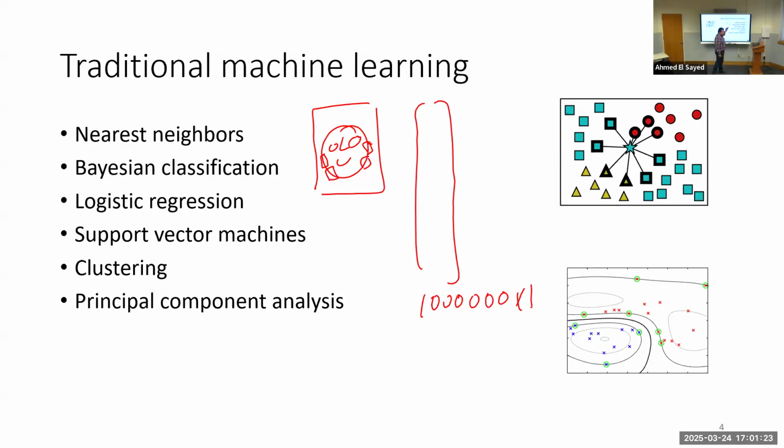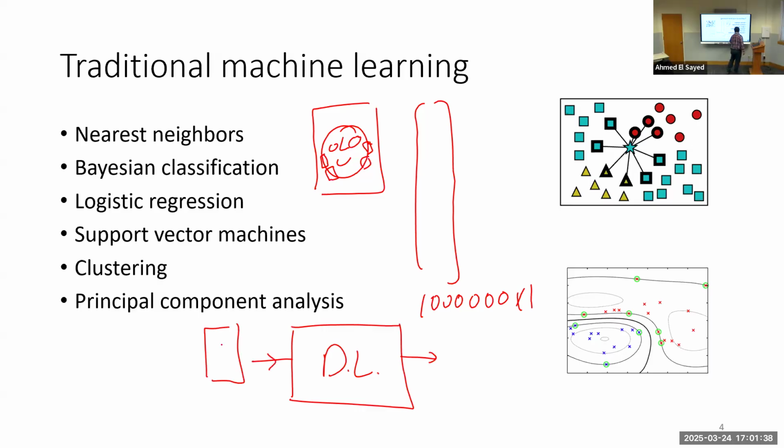The good thing about deep learning is you don't need to do that. You have the deep learning model, and the input will be this image, and the output is the class or the label. You don't have to find any feature or do anything.